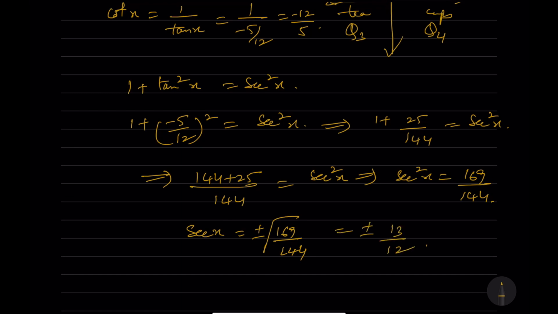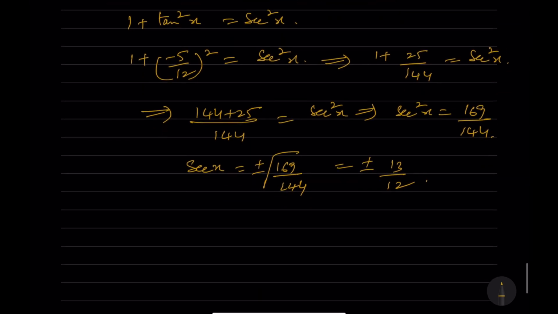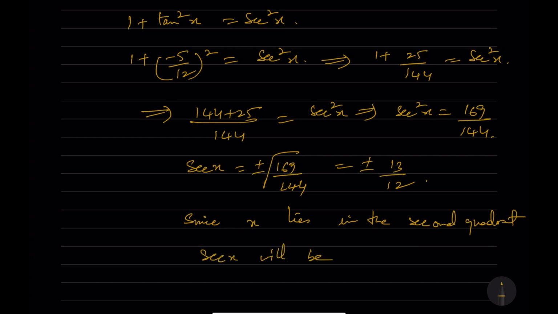So now since it is lying in the second quadrant, secant x will be negative, because in the second quadrant sine and cosecant will be positive. So therefore, since x lies in the second quadrant, secant x will be negative.